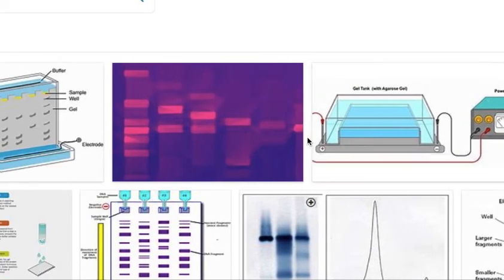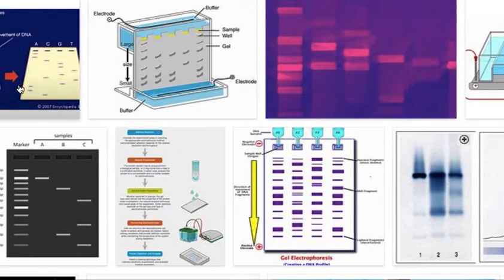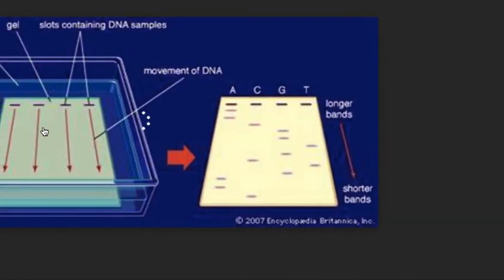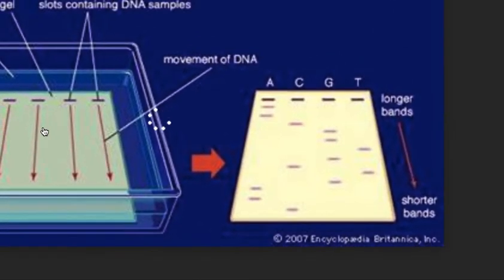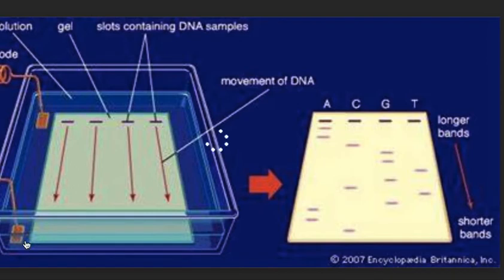When we pass the current, there is the negative and positive electrode, there is the solution, the gel is there, and we put the DNA samples. So the DNA, or the particles, move, and we get a result this way. There are longer bands and shorter bands, right?